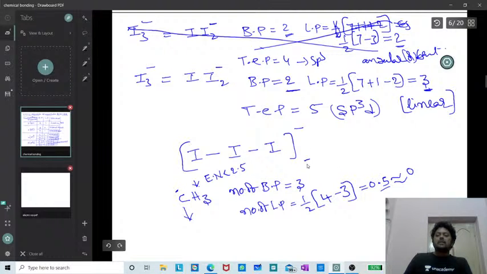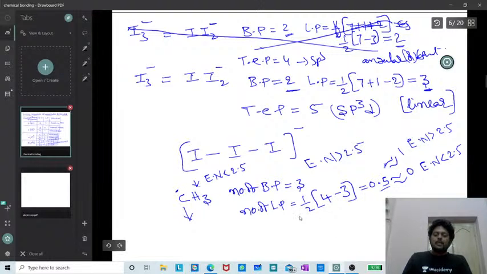If the terminal atom electronegativity is greater than 2.5, we will approximate 0.5 as 1. So here the terminal atom electronegativity is less than 2.5. That's why here lone pairs 0, bond pairs 3, total electron pairs 3. So 3 hybrid orbitals, hybridization is sp2 hybridization.